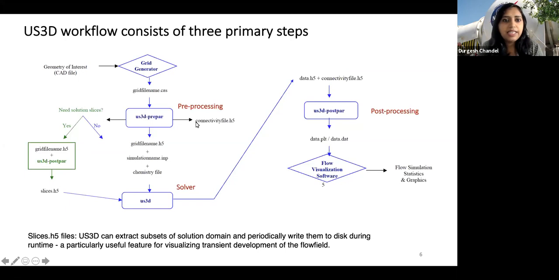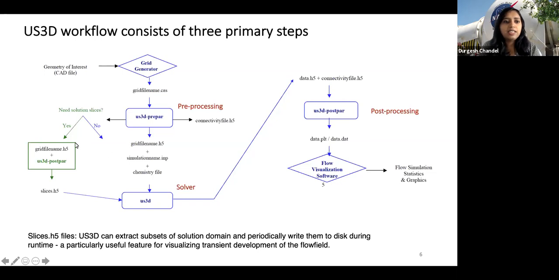Then US3D comes with preprocessor, solver, and post-processor subroutines. The preprocessor will convert this grid file into a .h5 format, and then we can give the solution input file, which defines the parameters for the solver, and the chemistry file, and then you solve the flow.